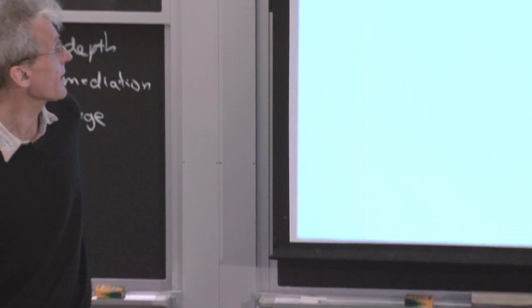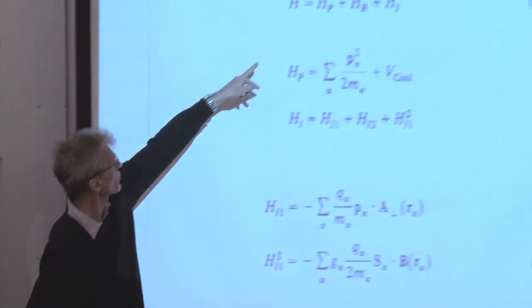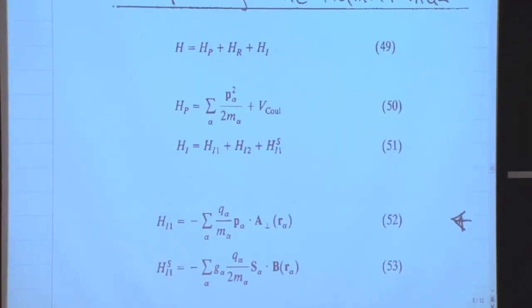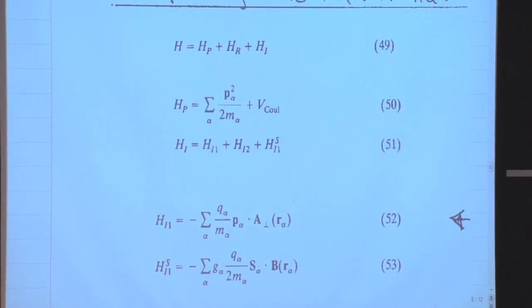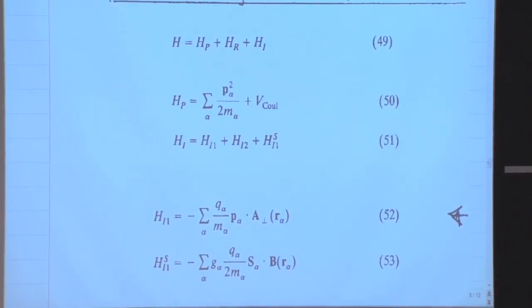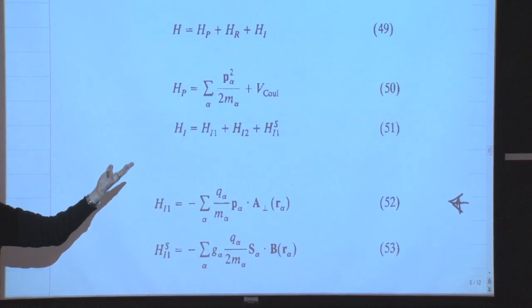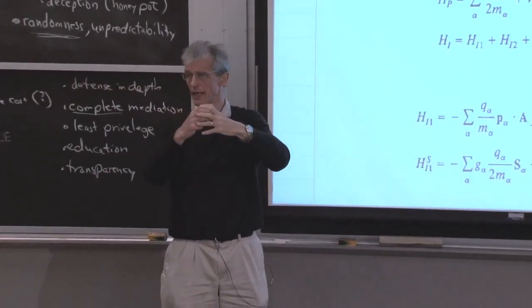So we want to take the Hamiltonian, and I will often refer to that, we want to take the Hamiltonian and split it into three parts: the atoms, the radiation field, and the interaction between the two.